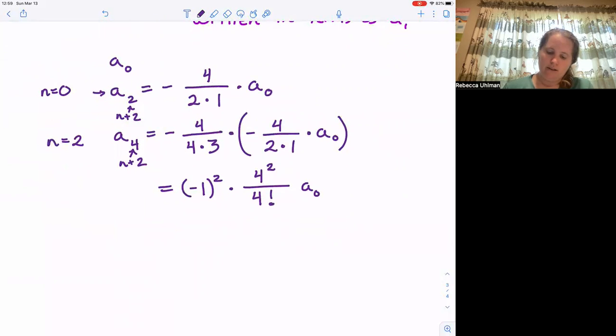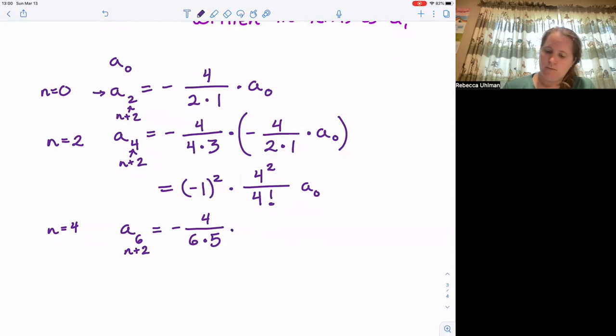If we go for a6, so at this one, we're looking at n equals 4, doing n plus 2. Then we would have negative 4 over 6 times 5, that's n plus 2 and n plus 1.